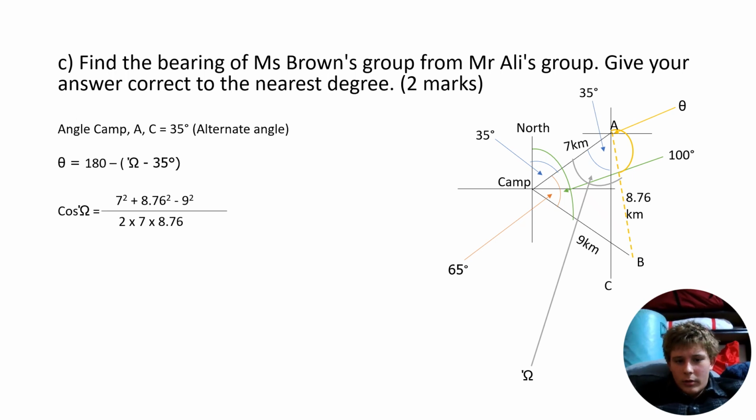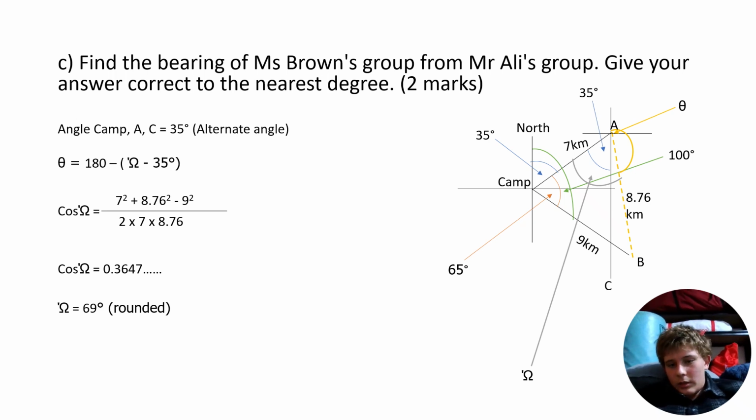The cos of omega equals 7 squared plus 8.76 squared minus 9 squared, over 2 times 7 times 8.76, and that equals 0.36747 and so on. Then omega equals 69 degrees, rounded.